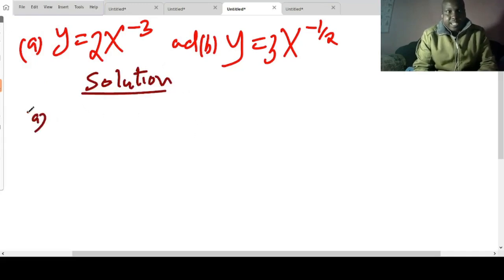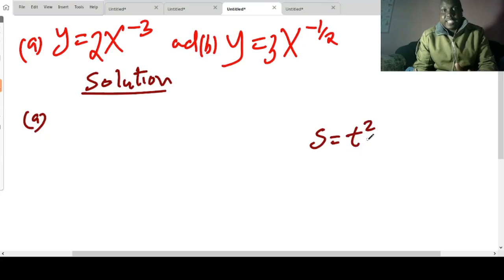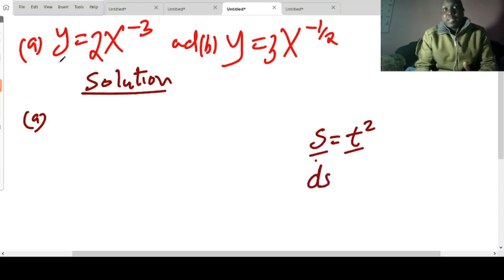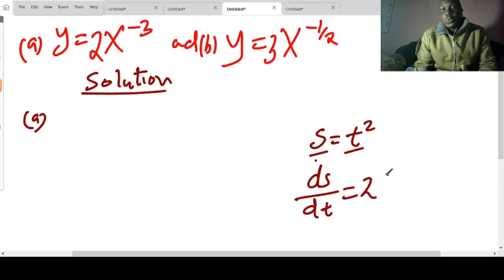Remember, we start with a, dy over dx. Why do we say dy over dx? Let me put something clear here. If I give you s is equal to t squared, and then I ask you to differentiate, we are differentiating s with respect to t. So we are going to say ds over dt is equal to 2t.